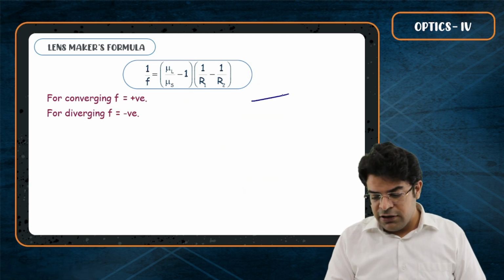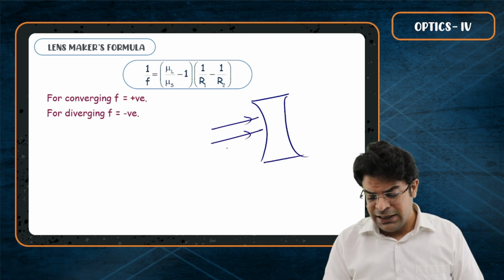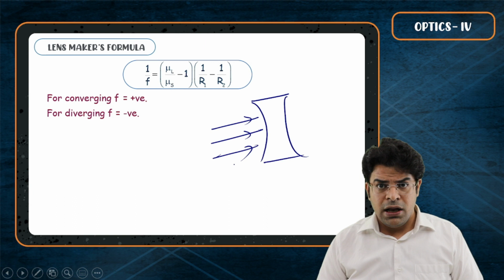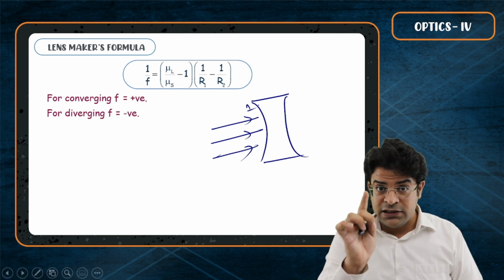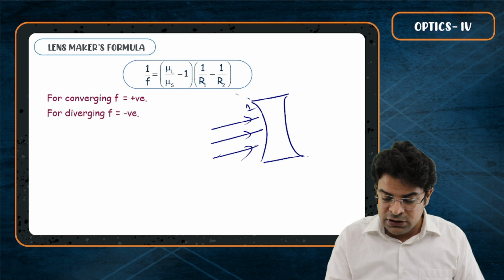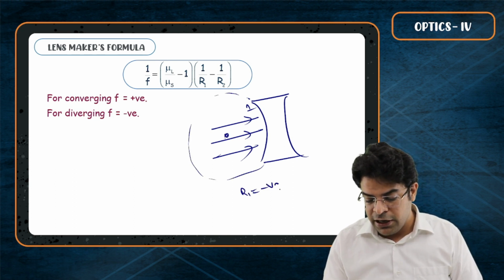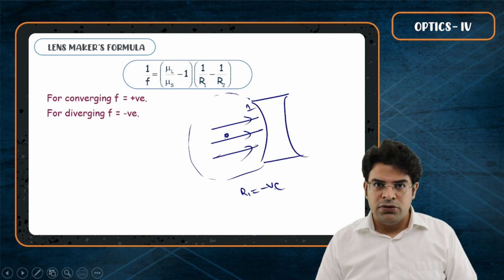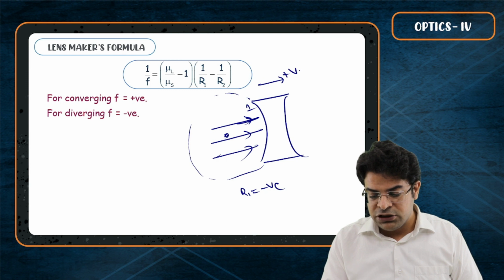So what if they give me biconcave? It's not rocket science, kids. Let's say this is incident ray. Now, R1 is the position of center of the first refracting surface with respect to the optical center. So the center of this first surface will be somewhere here. So you will say that R1 will be negative. So what about R2? Now this is the direction of incident ray, left to right, so this direction has to be taken as positive.